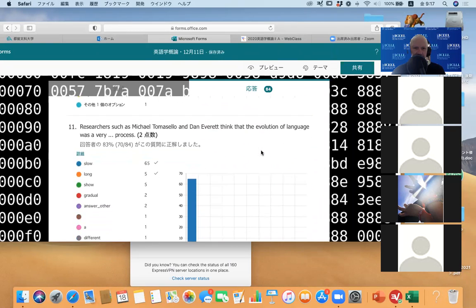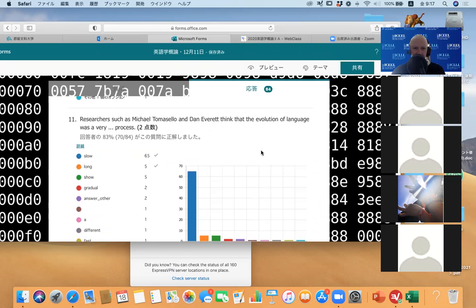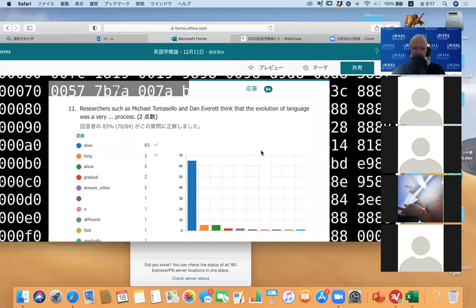And then Tomasello and Dan think evolution of language is a very slow, long process. That's right. That's kind of the big difference in linguistics. People like Chomsky say that universal grammar suddenly, boing, one day, one moment, pops into our heads, and our mouths and speech organs are already fully developed for speech.